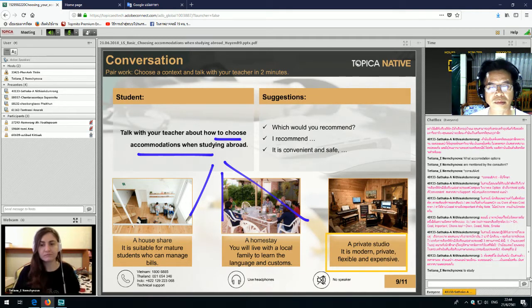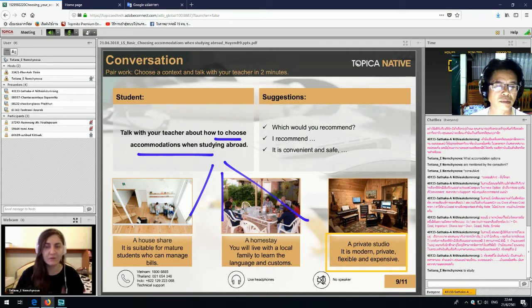Because it's convenient and they are modern, private, flexible, but maybe more expensive. Okay, so that's the disadvantage. Yes, so only one disadvantage is price.